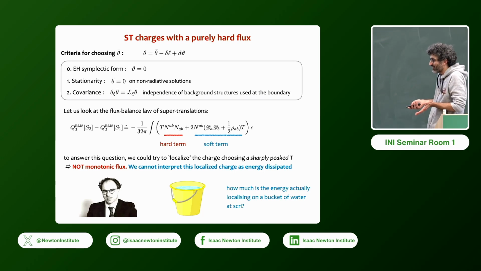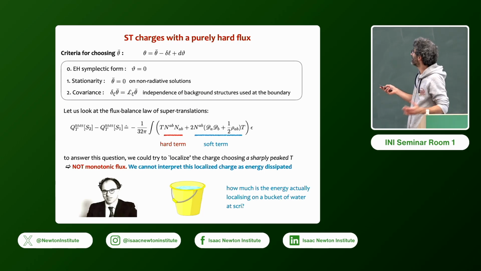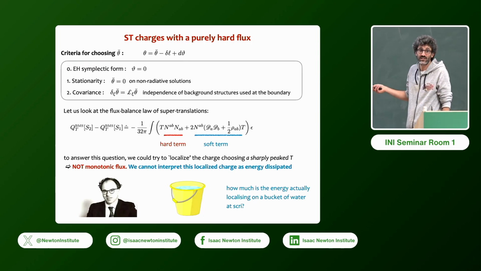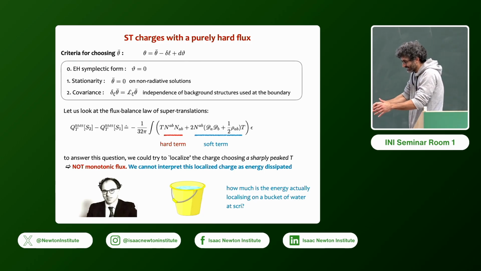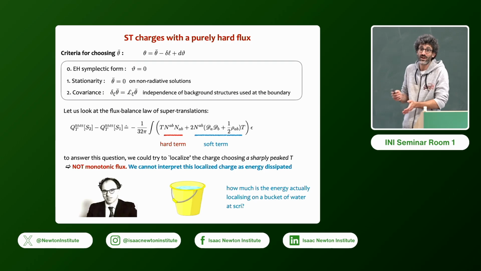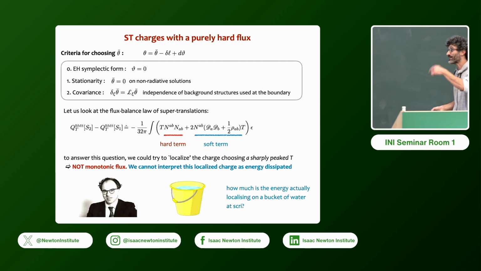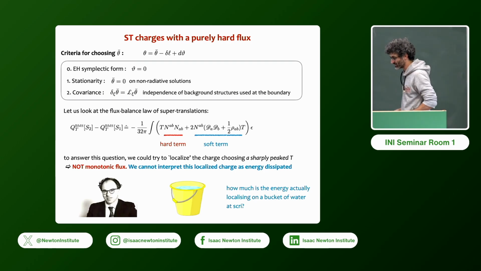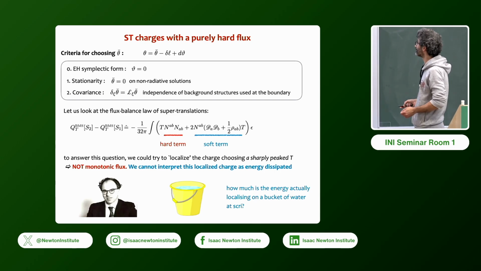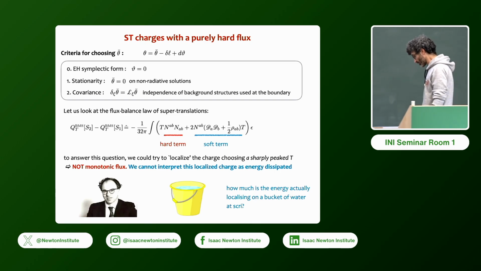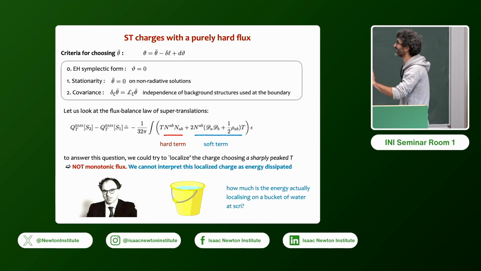Then a sharply peaked function has a spherical harmonic expansion with all higher multipoles, and therefore you will pick up this term, which is not monotonic, and therefore the flux that is seen by your sharply peaked T will not be monotonic. So it can decrease, so there's no way you can think of the supertranslation charges as localized energies. In fact, you relate them rather to these soft modes, you relate them to memory, you have another physical interpretation for them.